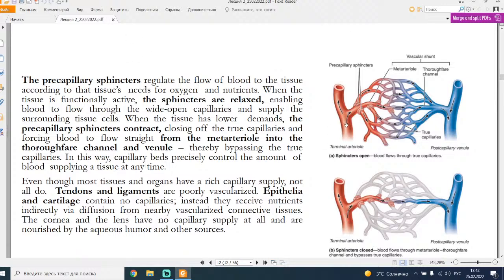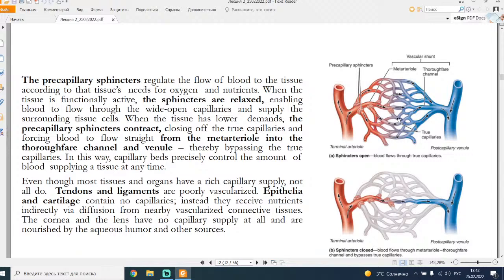The precapillary sphincter regulates the flow of blood to the tissue according to the tissue's need for oxygen and nutrients. When the tissue is functionally active, sphincters are relaxed, enabling blood to flow through the wide open capillaries and supply the surrounding tissue cells.